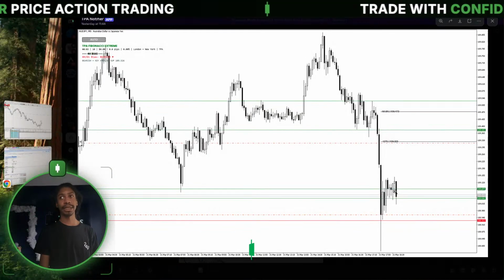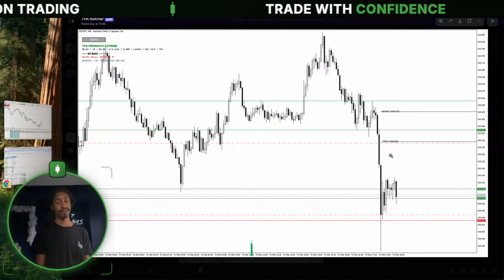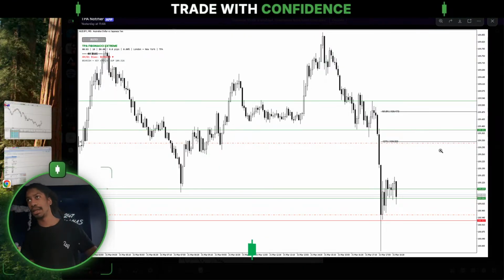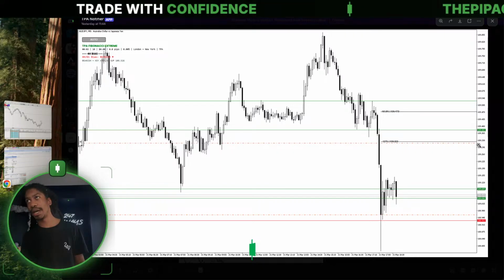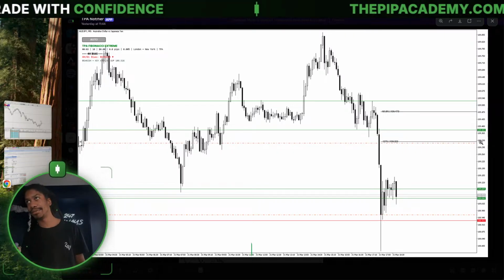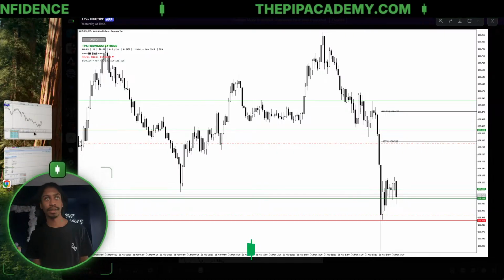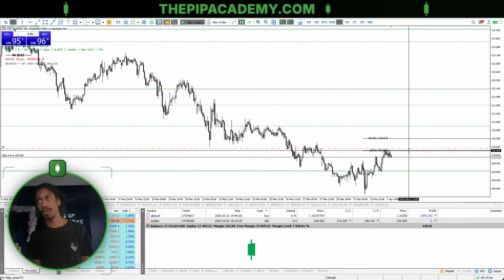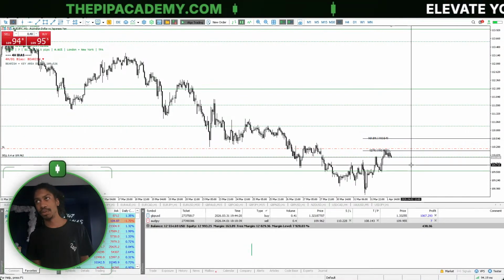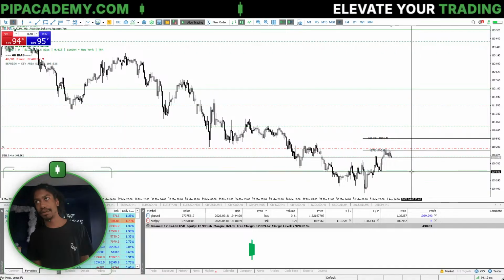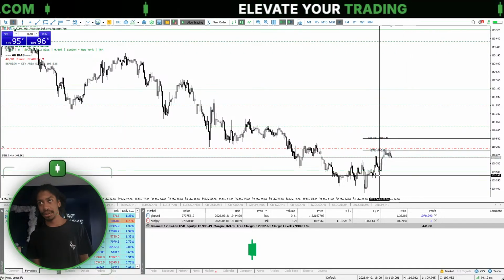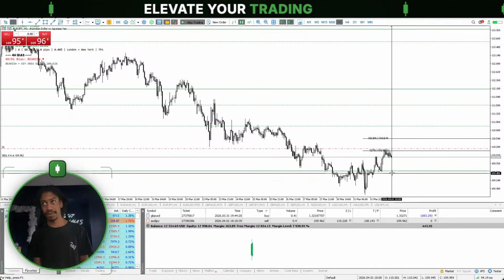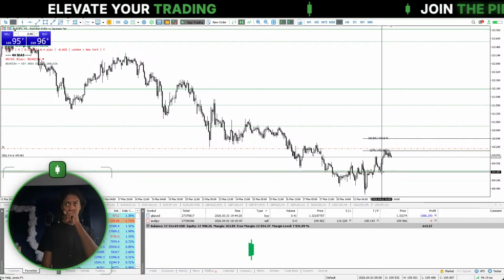Where was the upside? We had about 109.35, call it. Here we have 110. We went up to 109.35. So our target was right around here, that green line-ish area.